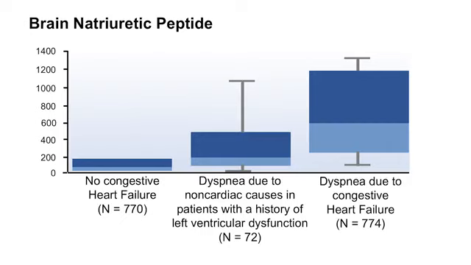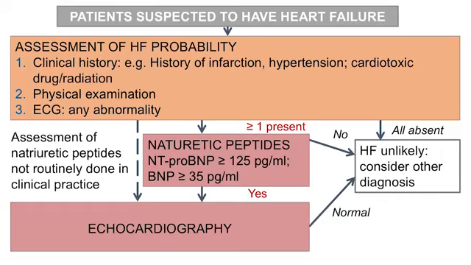But the more elevated this test is, the BNP, the more likely the patient has heart failure. So if these natriuretic peptides are very low, then heart failure is very unlikely, and also here we have to consider other diagnoses. If they are elevated, we should go further and apply an imaging test, most likely echocardiography.